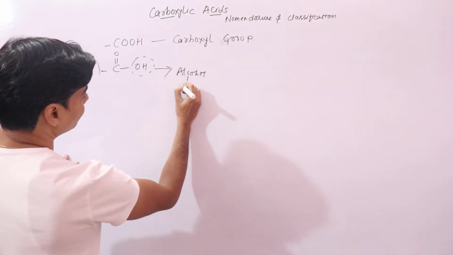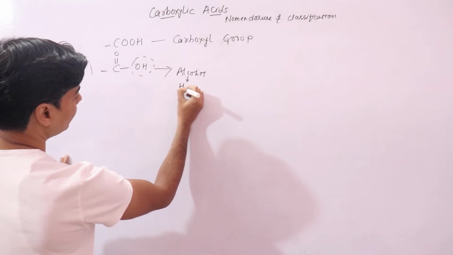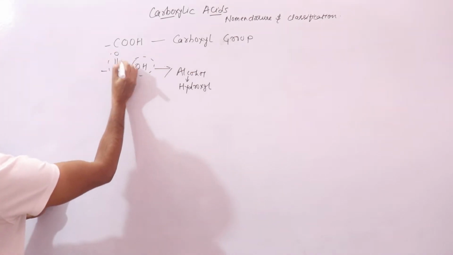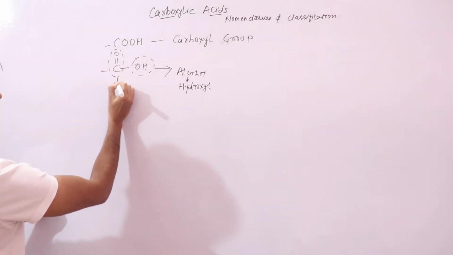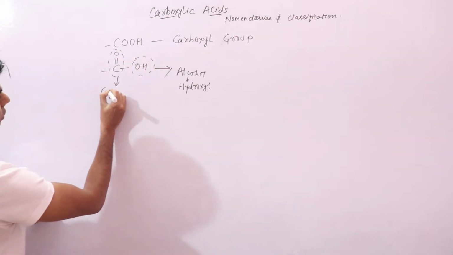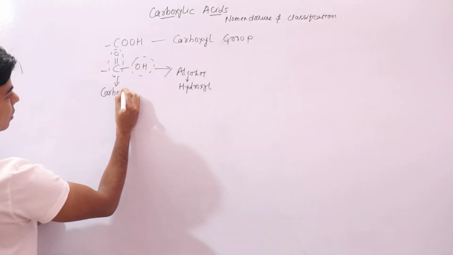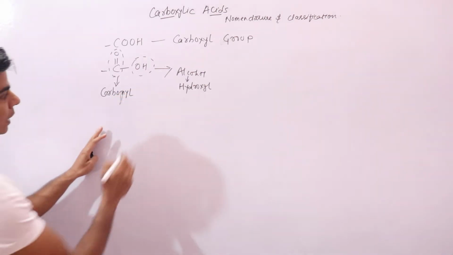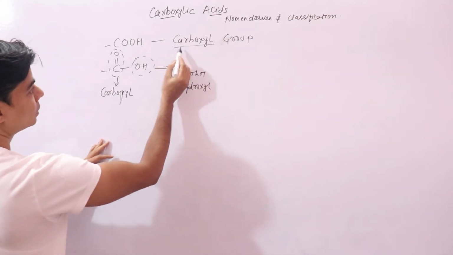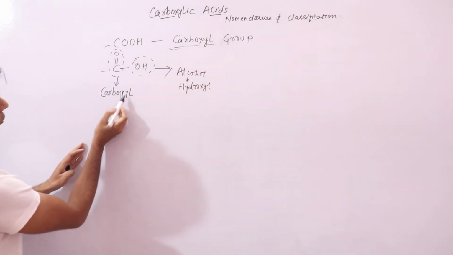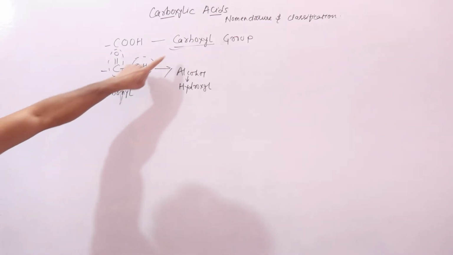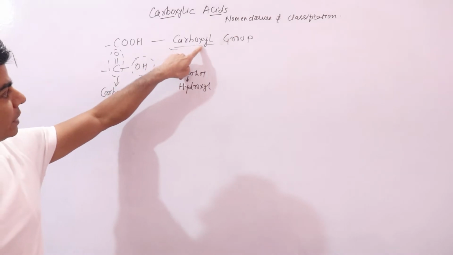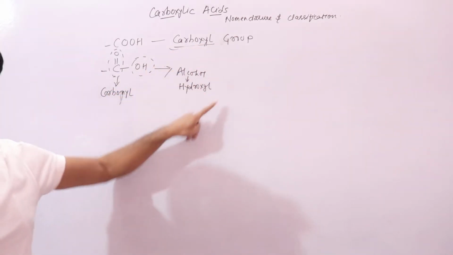This is basically your hydroxyl group, right, and this one is your carbonyl group. If you look at this word, the carb of carboxyl is taken from carbonyl, and this oxyl is taken from hydroxyl.